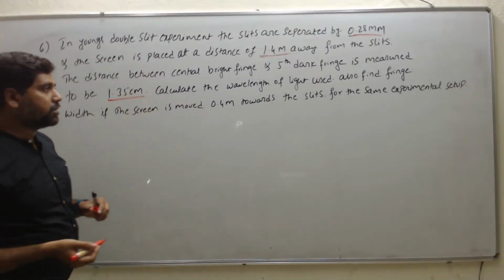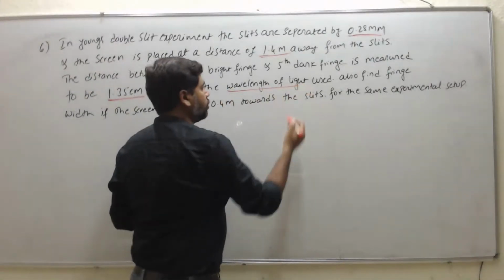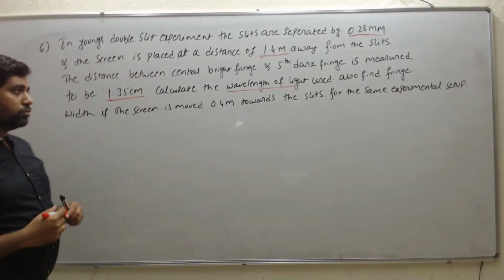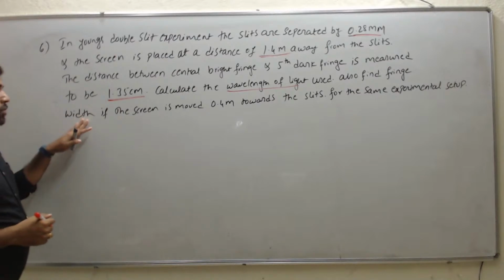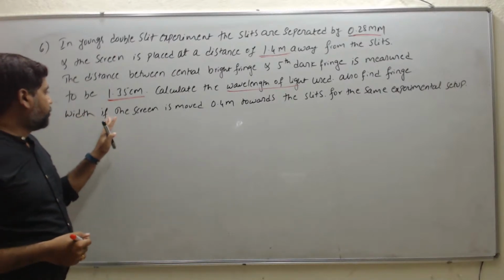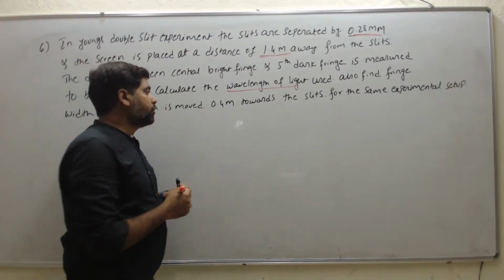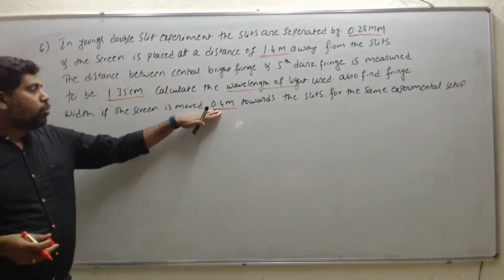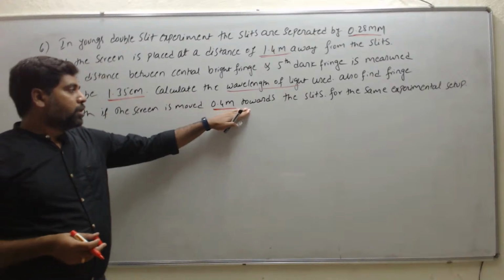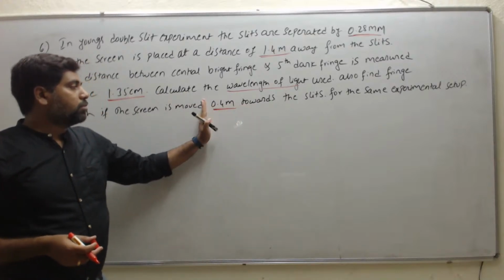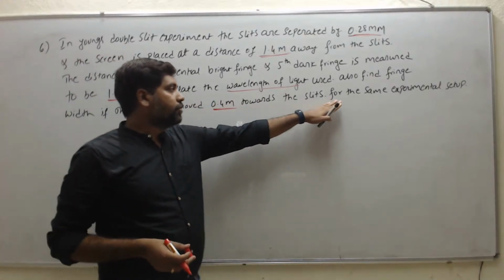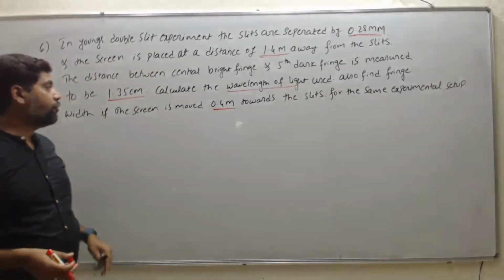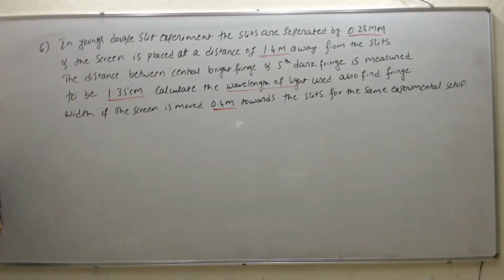Then calculate the wavelength of light used. We need to find the wavelength of light used, and also find the fringe width if the screen is moved. So this is the second part, that is, if we move the screen 0.4 meter towards the slits, then we need to find the fringe width, that is beta, right?